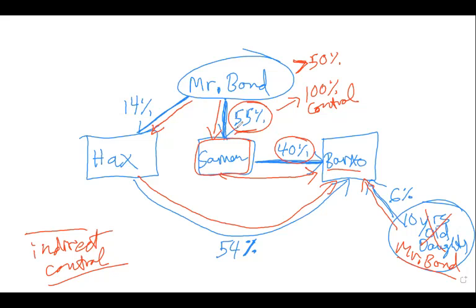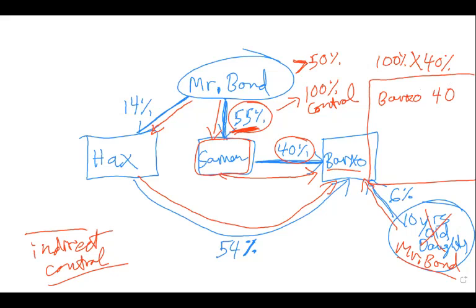So because this number was greater than 50%, we are doing 100% times 40%. So our Barksdale is 40%.